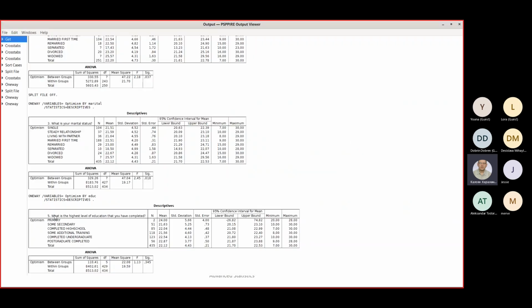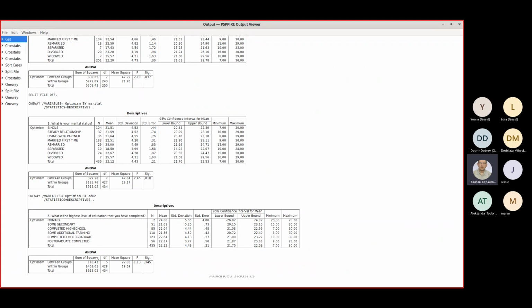Unfortunately, in PSPP, we cannot compute this correlation ratio or coefficient of determination. We cannot compute these coefficients automatically, but coefficient of determination is easy to compute since we have these two values.